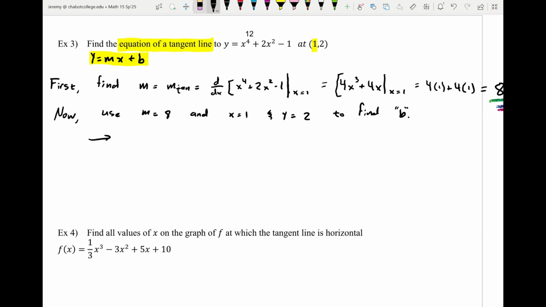We can plug into y equals mx plus b, and we would get 2 equals 8 times 1 plus b. And subtract 8 from both sides, I get b is equal to -6. Okay, and putting those two things together, I have that the equation of the line tangent to that function at the point (1, 2) is y equals 8x minus 6.